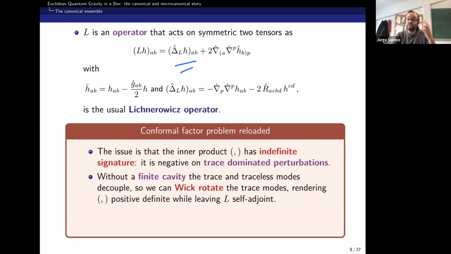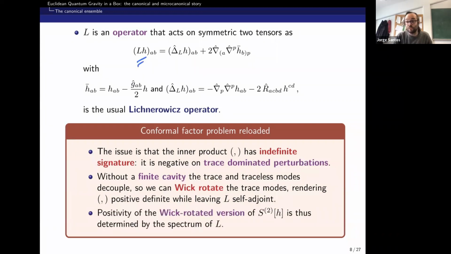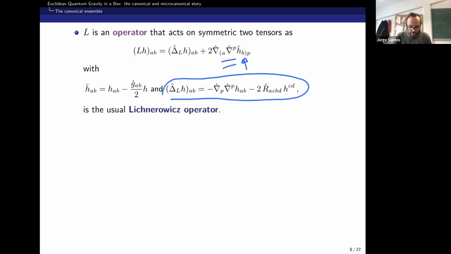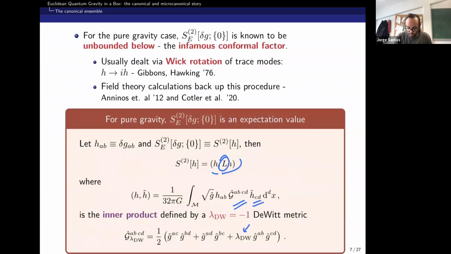So if you want to understand whether there's an instability or not, all you have to do is study the spectrum of this operator, L, and you're done. Is this clear? So in general, the metric does not have a definite signature. After Wick rotation, it has a definite signature. This operator remains self-adjoint. So I just study the spectrum of the operator, and I'm completely done, because that's what tells me if this is positive or negative.